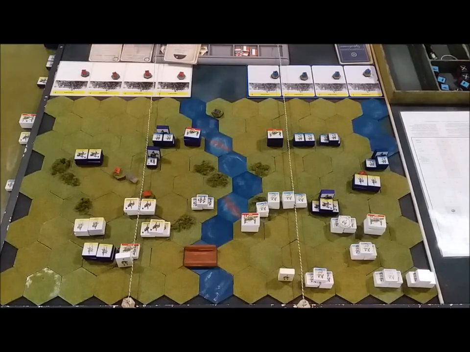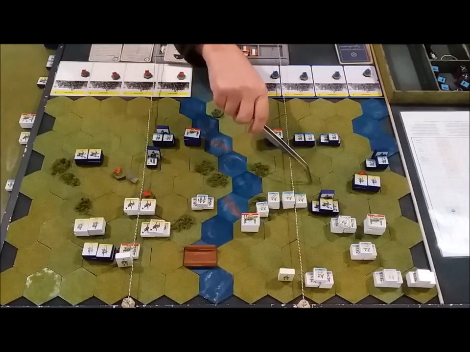Or we have a bayonet charge, 4 or less infantry units. Now my line units can only move 1. But that means this one could come up to here.